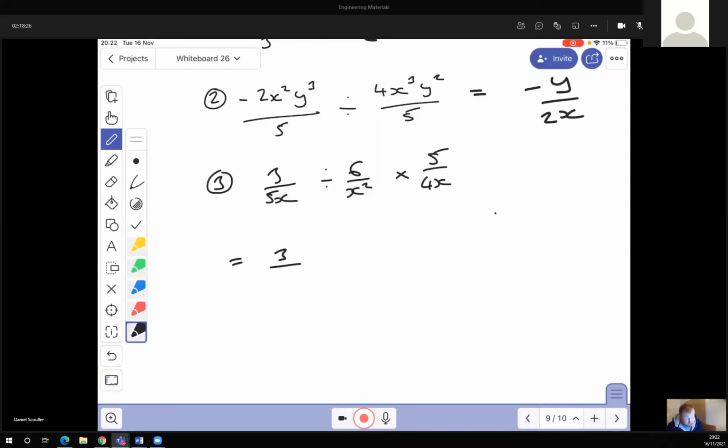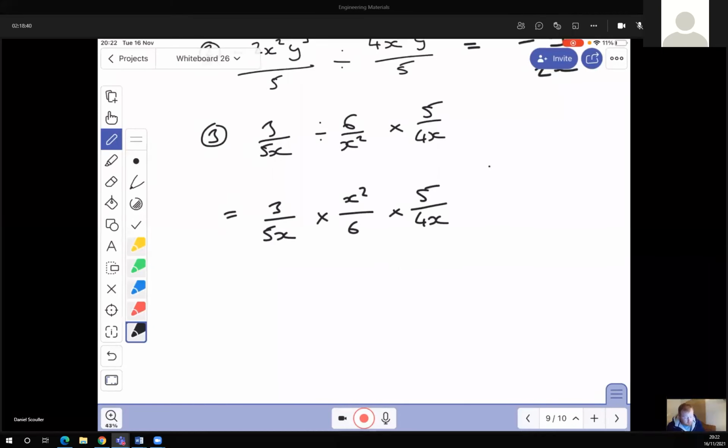That first term doesn't change, but the term we're dividing by flips on its head and becomes a multiple. And that last term doesn't change.